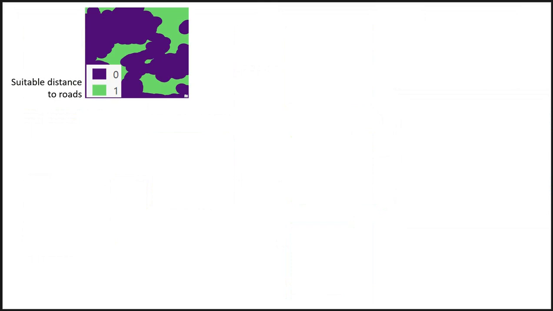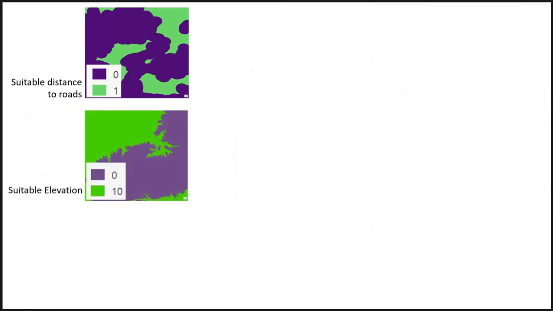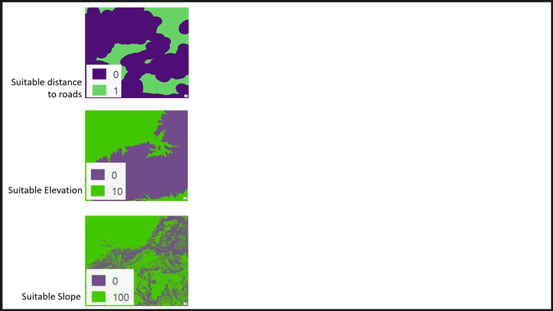Here's our reclassified suitable distance to roads layer. If we reclassify the suitable elevations as 0s and 10s instead of 1s, we can keep track of our suitable criteria in the output values. And then adding another order of magnitude for slopes, we now have a way to differentiate which cells are which in our output.